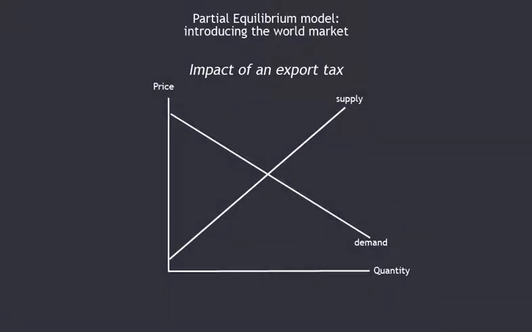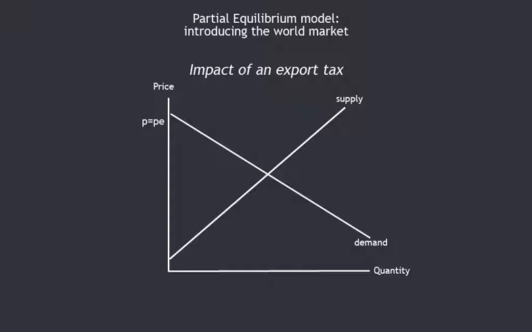Let us now explain what the impact of an export tax is. We start with a different situation, because initially the world price is above the intersection of supply and demand, that is to say above the autarky price.